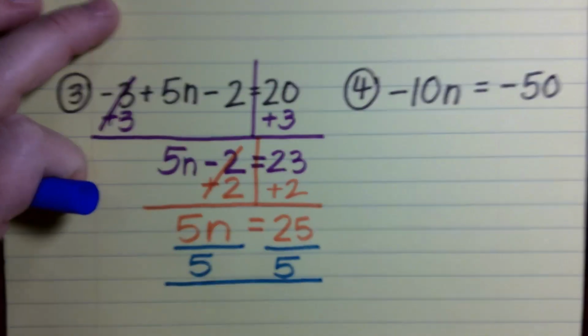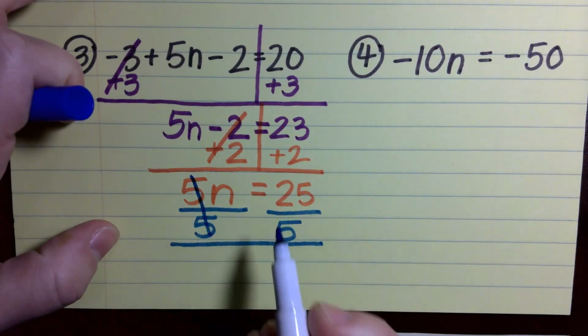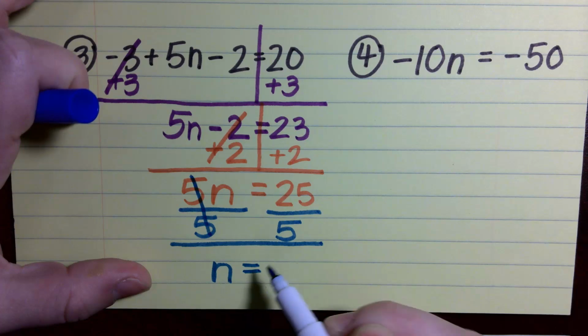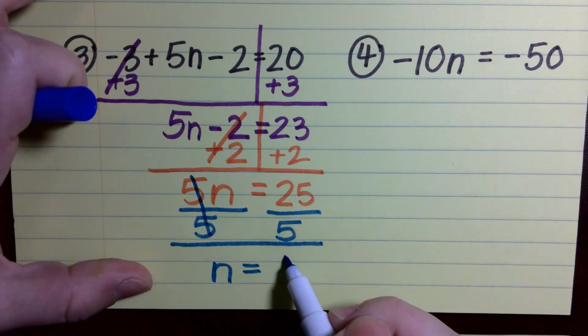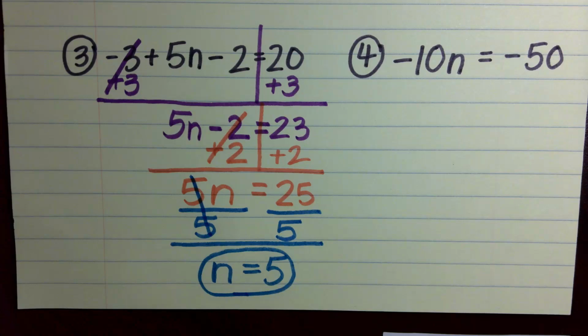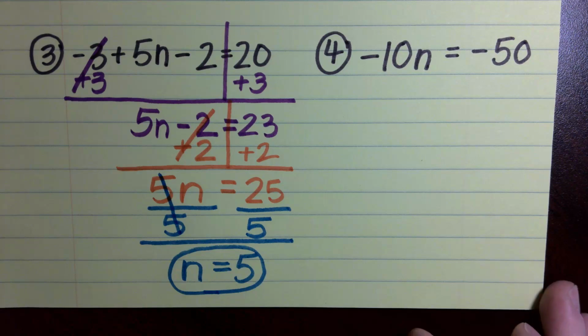Okay, now what? Yep, our 5's are going to cancel, leaving us with n by itself equals 5. 25 divided by 5 is 5. Did everybody get that one? Good. Good, guys. All right, any questions?